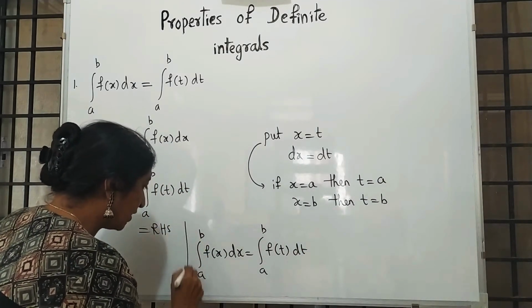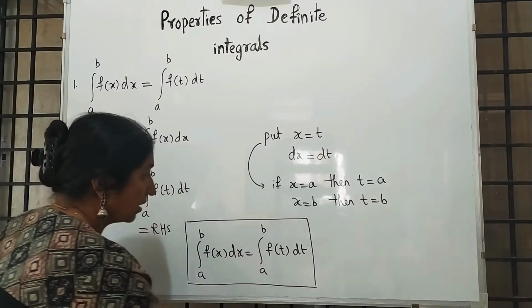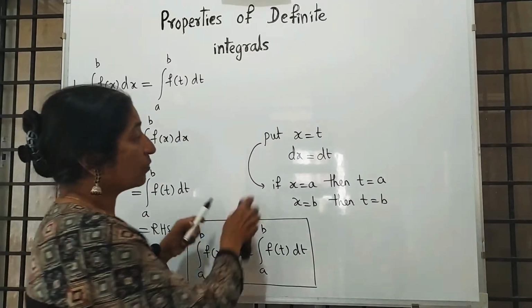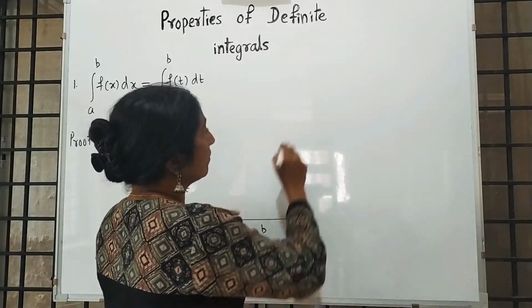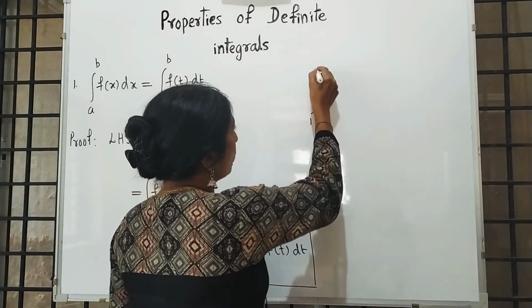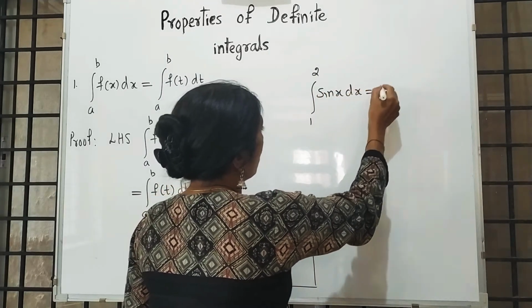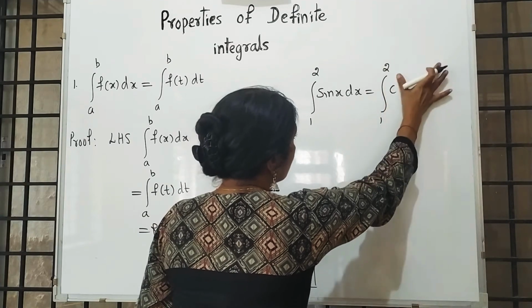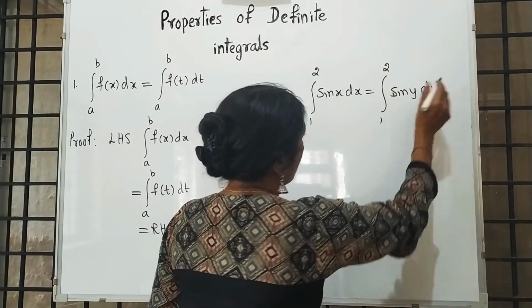And what about this property? The property tells you, indirectly, in some examples when we are solving. Suppose you have the example integration from 1 to 2 sin x dx. For our convenience, we can write it like this: sin y dy.